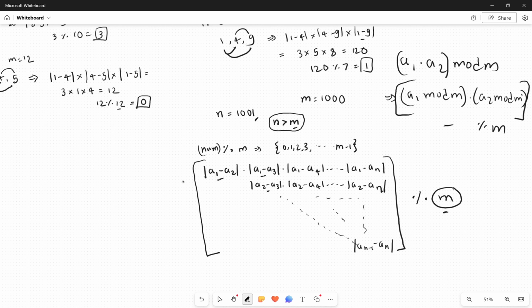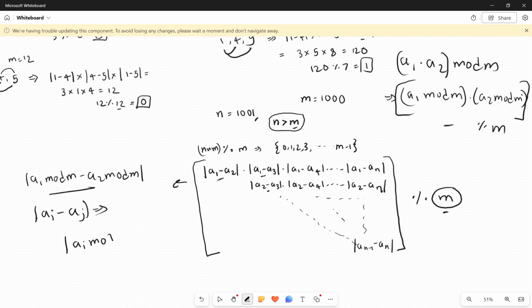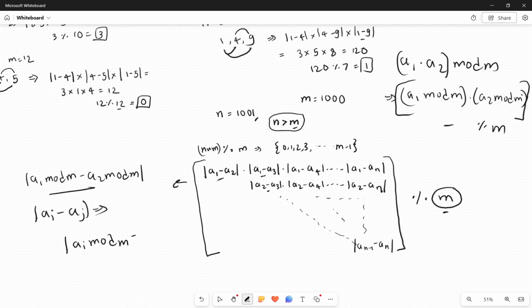Okay, so it basically becomes like this: mod m minus a2 mod m, means every bracket which is in the form ai minus aj will now become mod of ai mod m minus aj mod m.